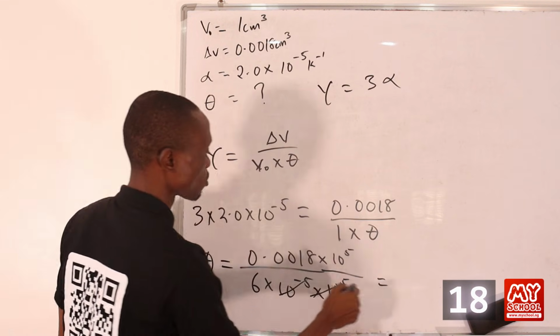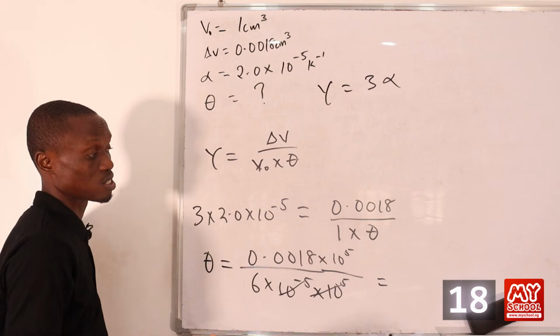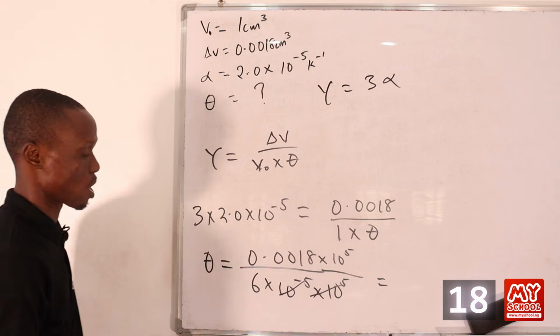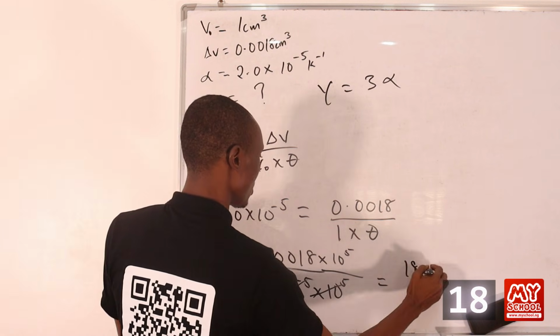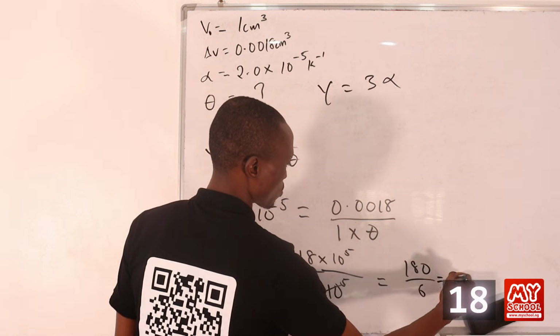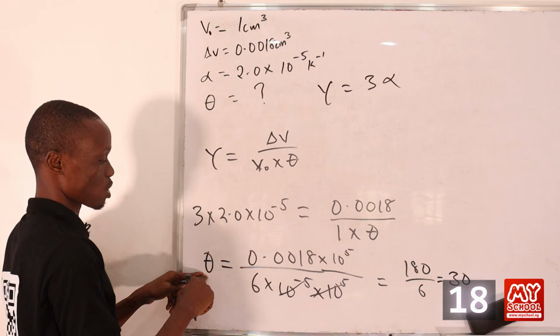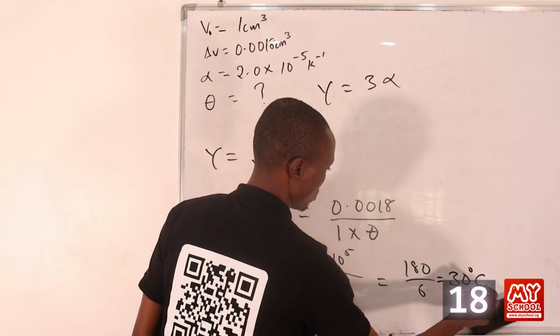Of course, 10 raised to the power 5 is the same thing as 100,000, so if we multiply this, we'll have 180 all over 6. So 180 divided by 6 will be equal to 30, right? Now, since we are talking about temperature, that will be equal to 30 degrees.